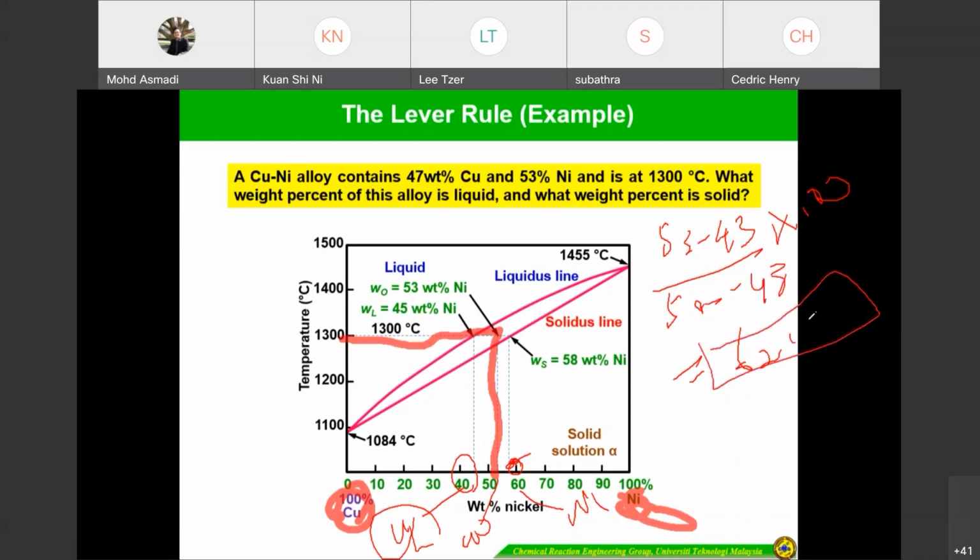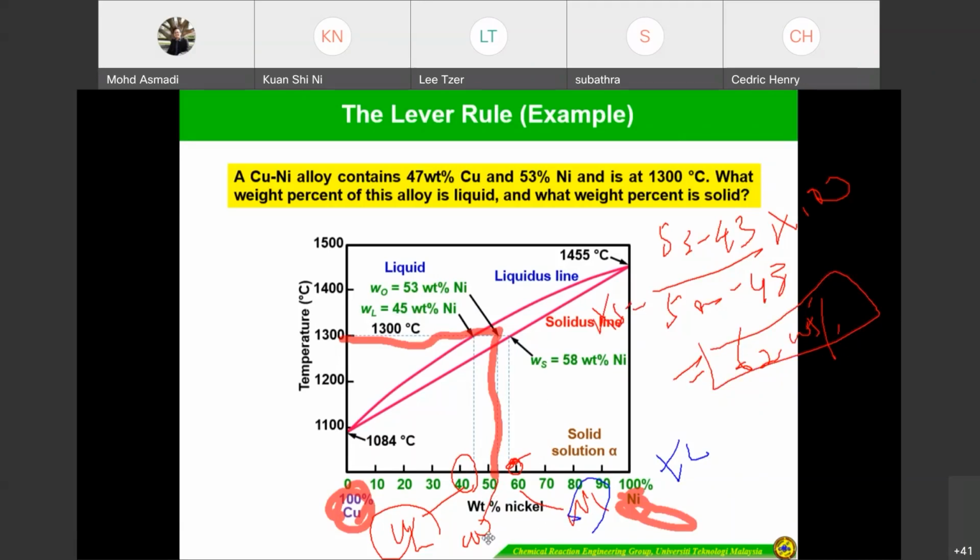Weight percent, okay? Just refer back to the rules. How about this one? This one is XS, this one is XL.